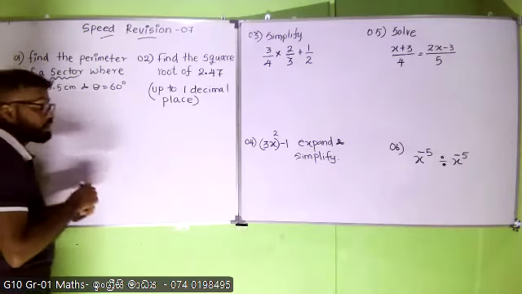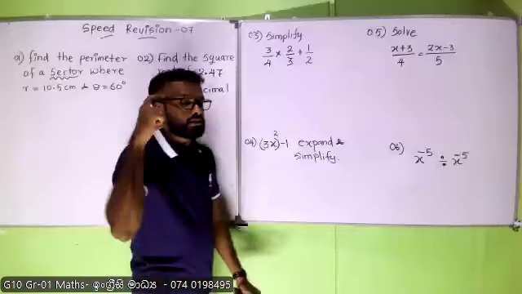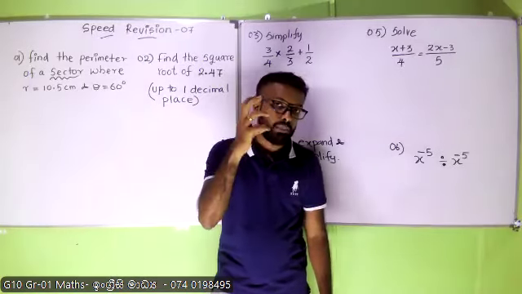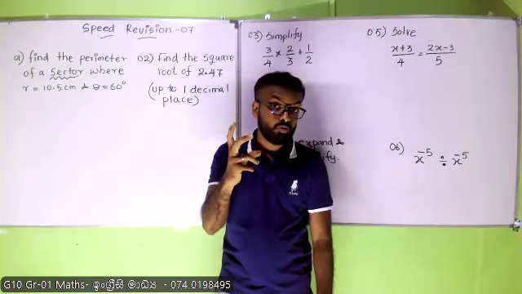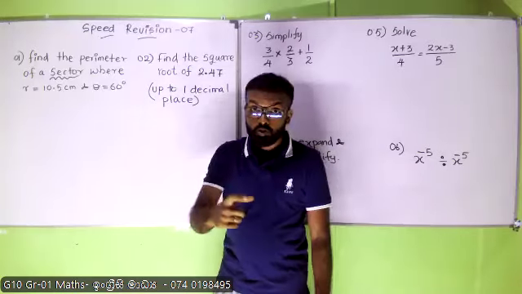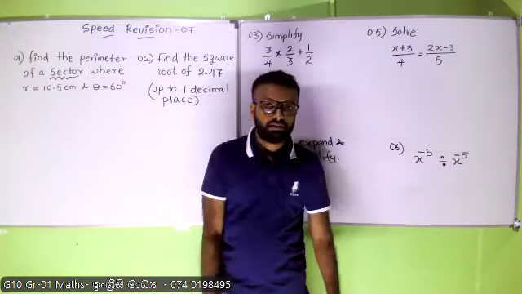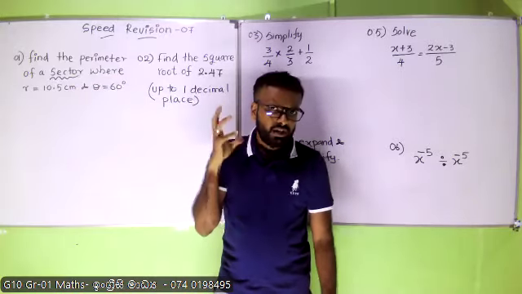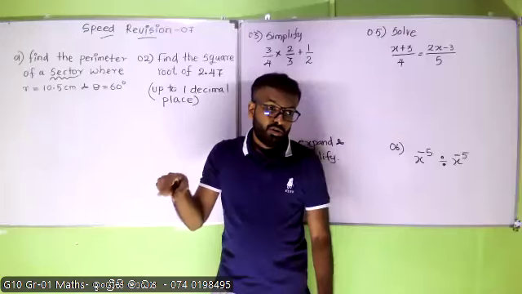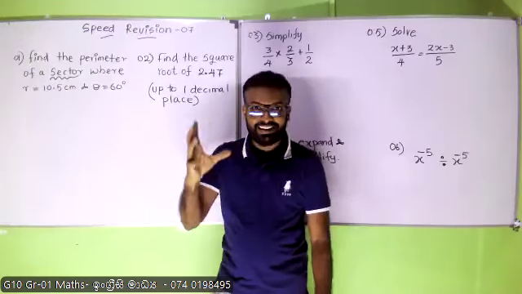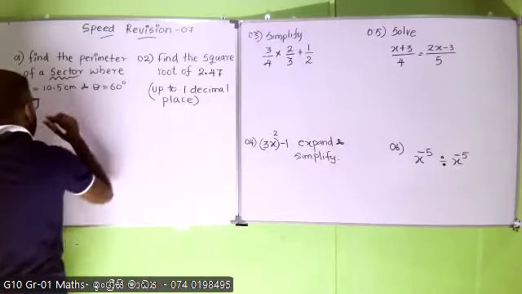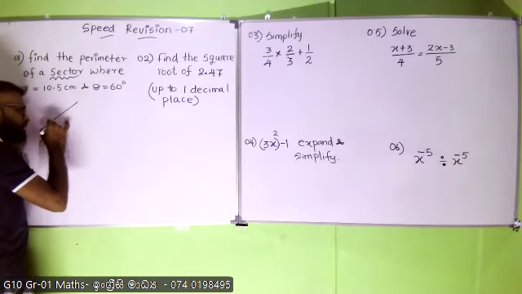You know what theta is? Theta is the angle at the center. R is the radius. So you need to be familiar with those two words, and most importantly this sector. Sector, you know, right? Not hector, but sector. So the sector is called something like this.